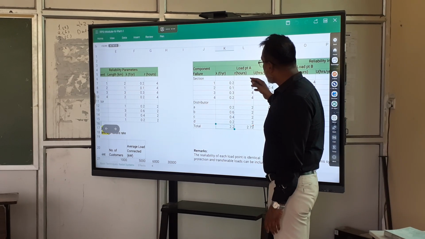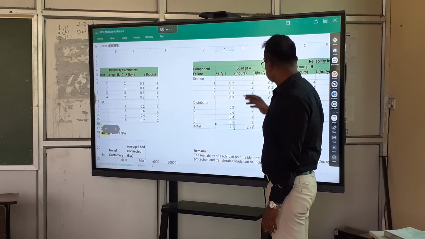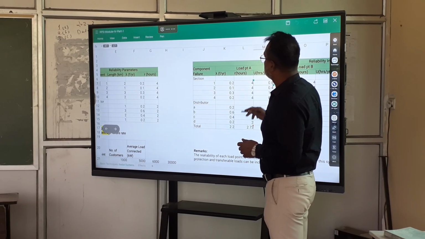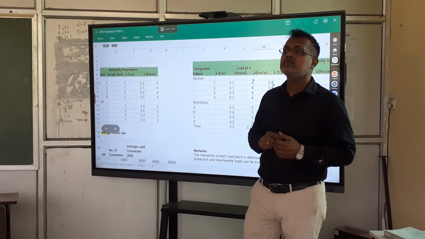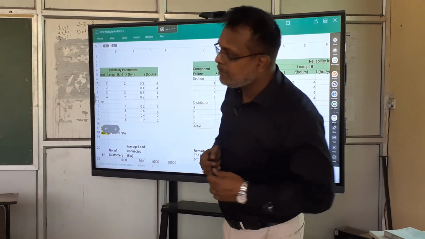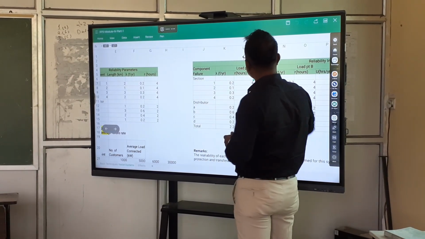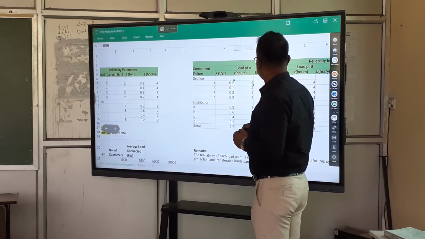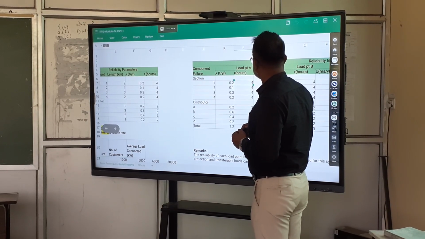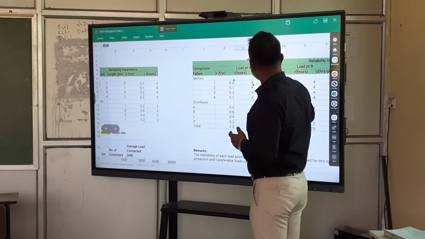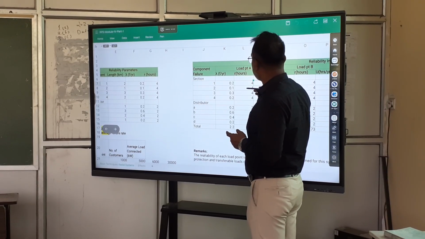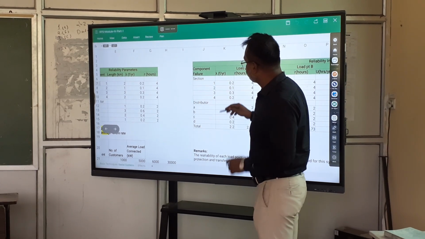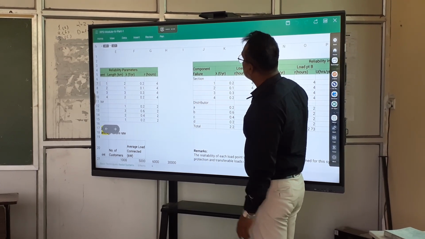Now what is the formula for U? U is lambda r. And what is the formula for r? This is unavailable. Is it given in the question? No. We have to compute it.